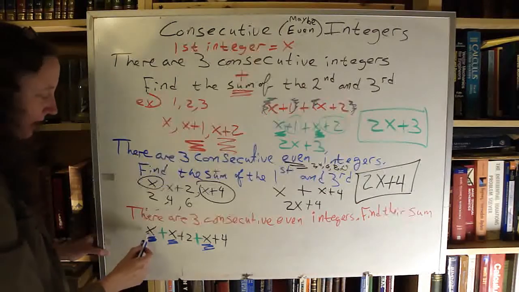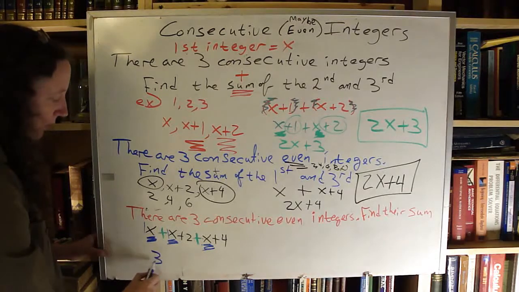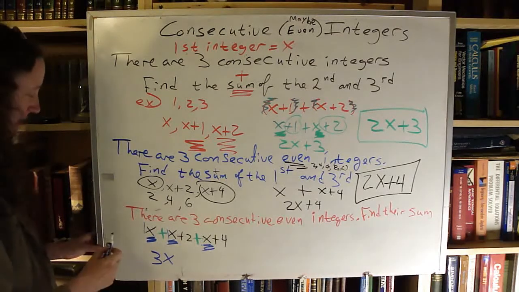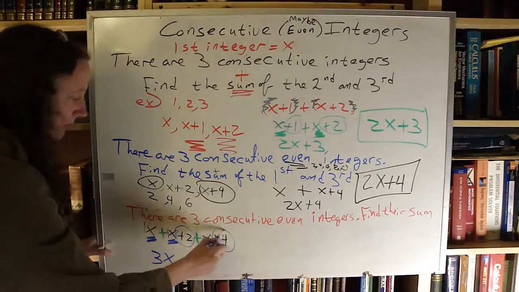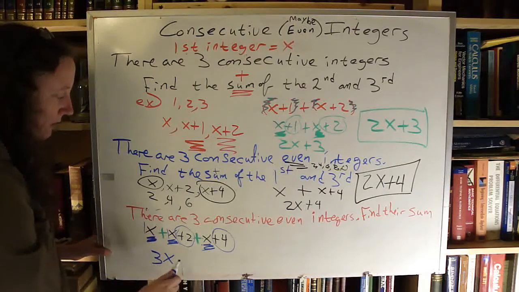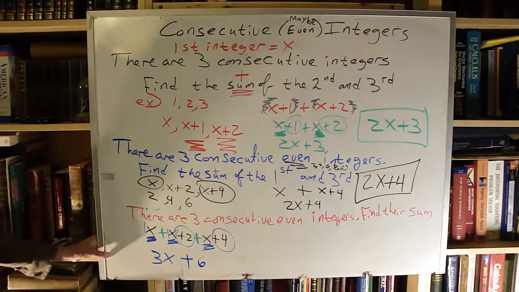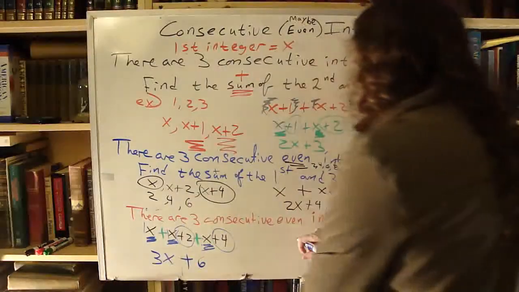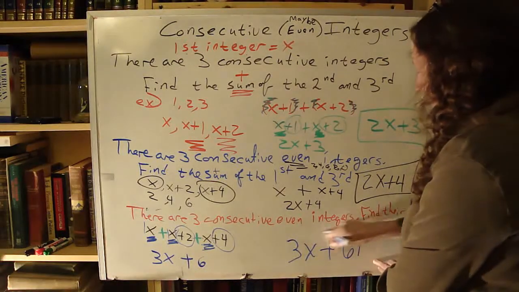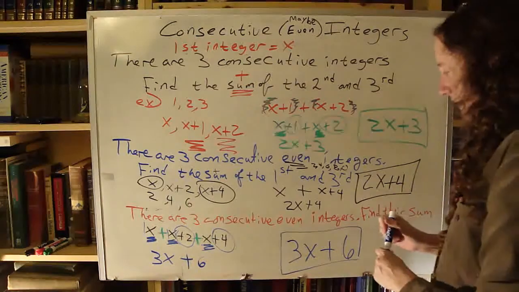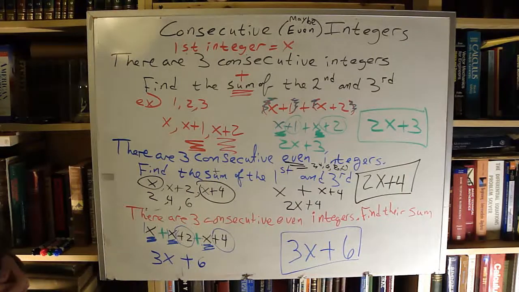I add the 3 of them together. 1x plus 1x plus 1x, 3x. Find my non-x terms. 2 plus 4 plus 6. So my simplified form is 3x plus 6. Problem is done.